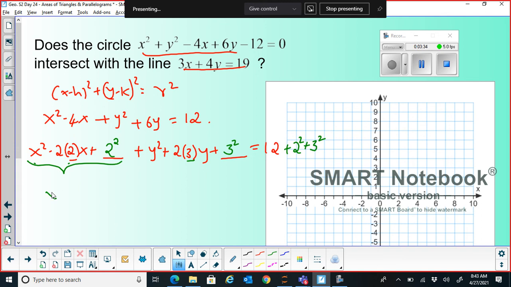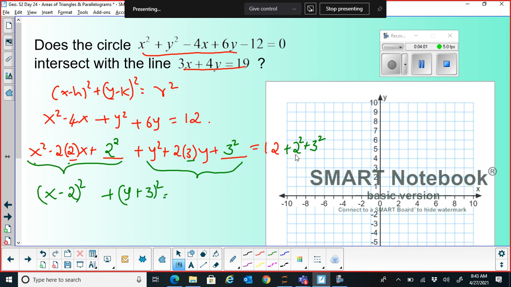So I can write it as x minus 2 whole square. And using these three terms, this is of the type a square plus 2ab plus b square. I can write it as a plus b whole square, where a is y and b is 3, so y plus 3 whole square.